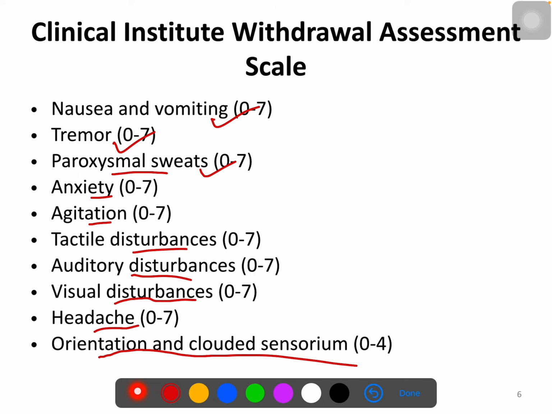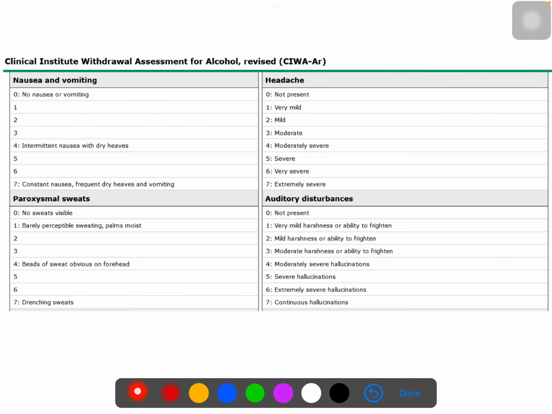This is a little tricky for grading, because there are not enough parameters to give the number. For example, 0 is no nausea and vomiting, and 4 is intermittent nausea and dry heaves. In between, the physician has to do the clinical assessment and give the grading on their own.